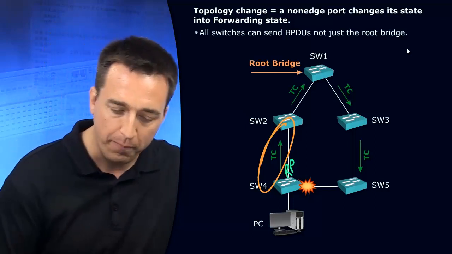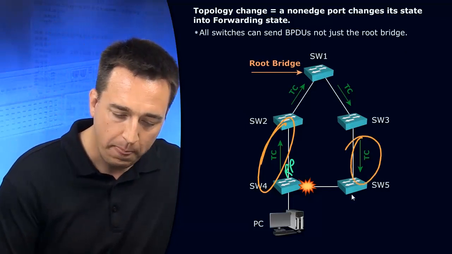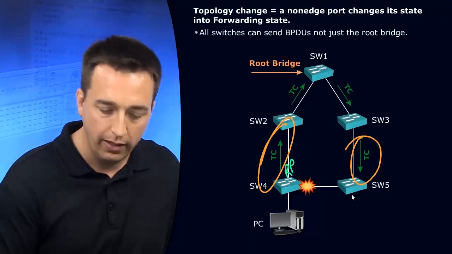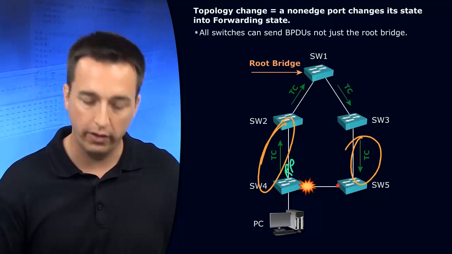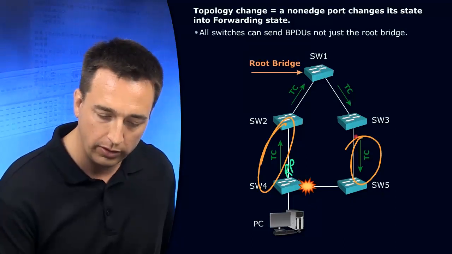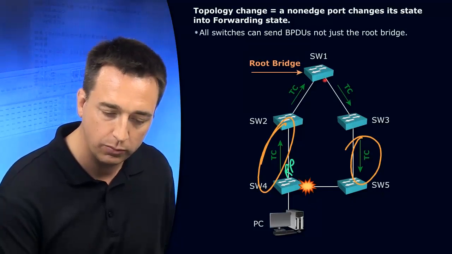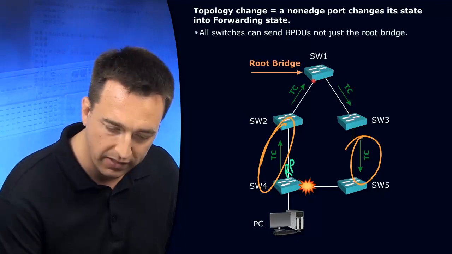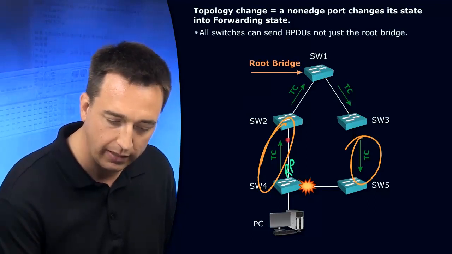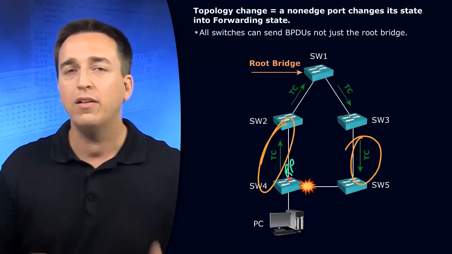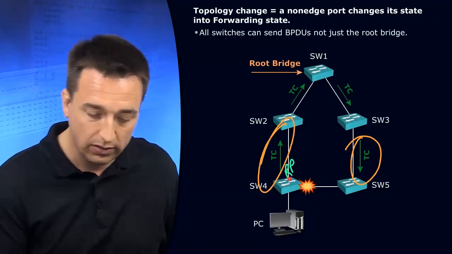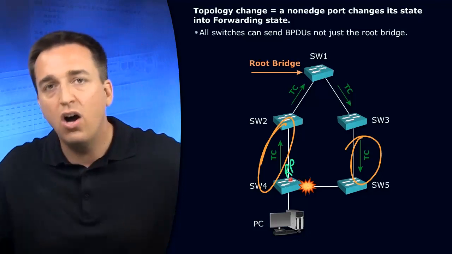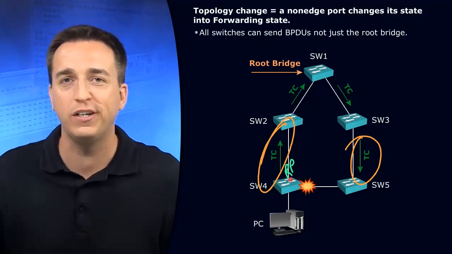So, for example, if we look at switch 5, originally, if this was the root port, as we said, then this was the designated port, meaning this was a root port, this was designated, this was root, this was designated, this was designated, this was root, this was designated, this was blocked. So in reality here, none of these switches are going to have to make a change. This link failed, this changes, all right, no big deal in our particular example.